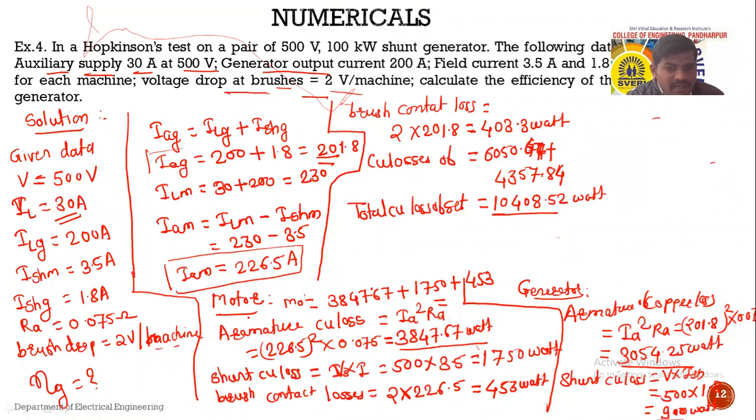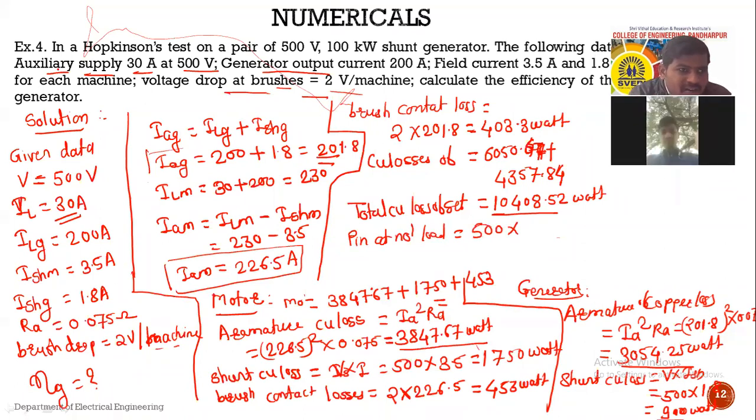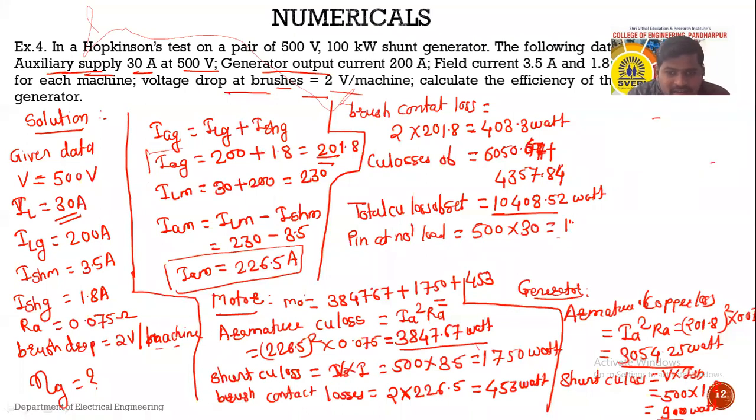So that power input at no load, P in at no load, is equal to voltage V into no load current or auxiliary supply, which is 30. किती येते ते? 15,000 वॅट. 15,000 वॅट मधून जर मी कॉपर लॉसेस मायनस केले, देन आय विल गेट द कॉन्स्टंट लॉसेस.